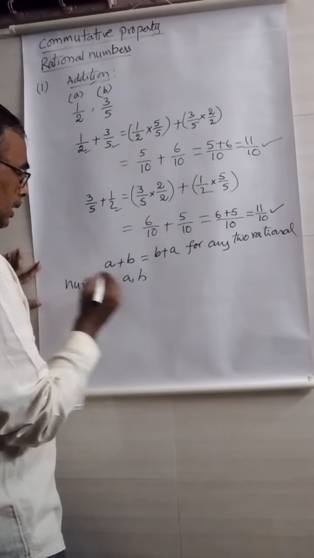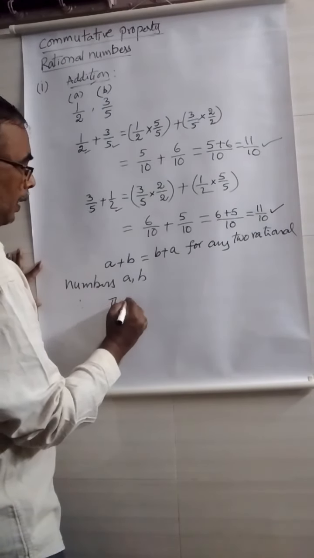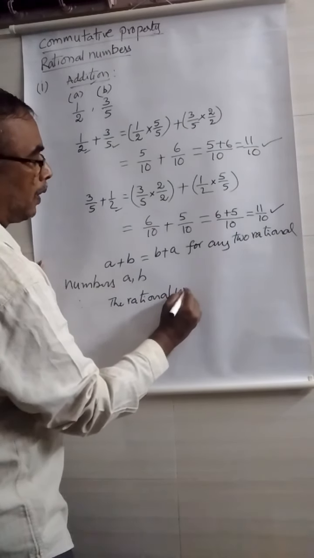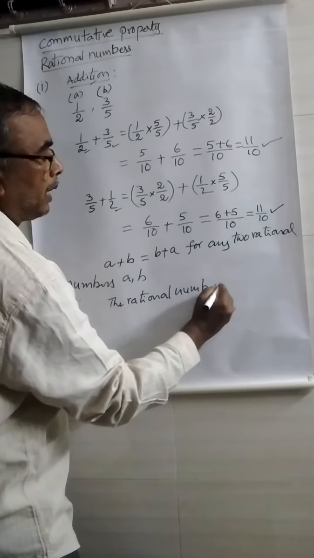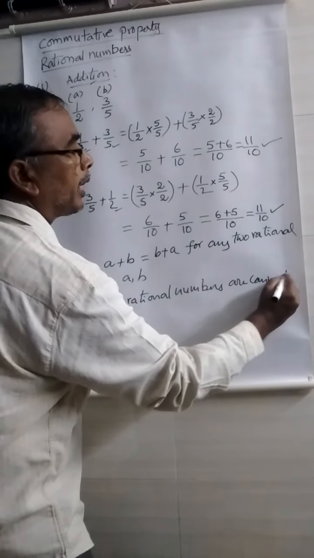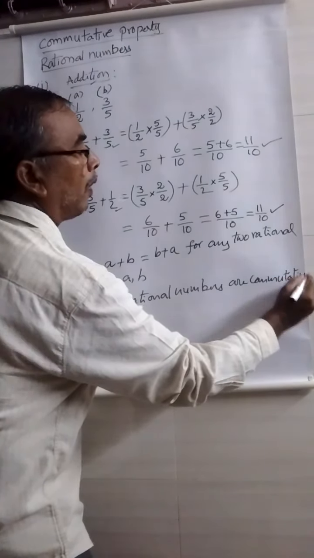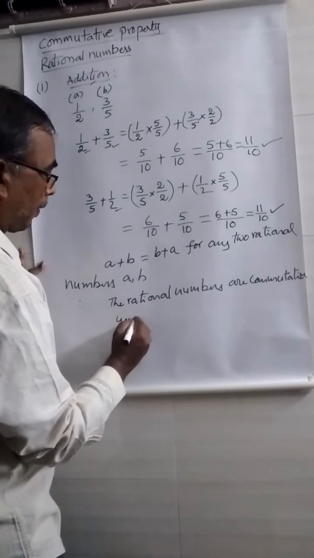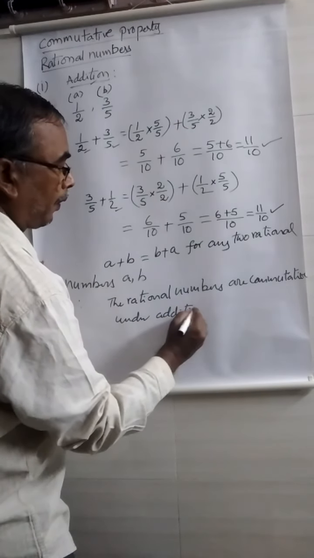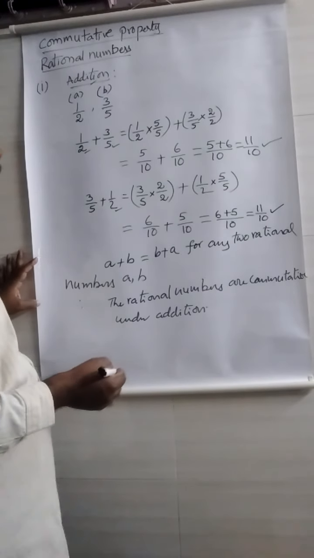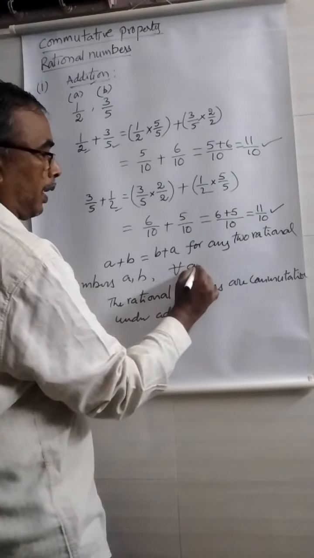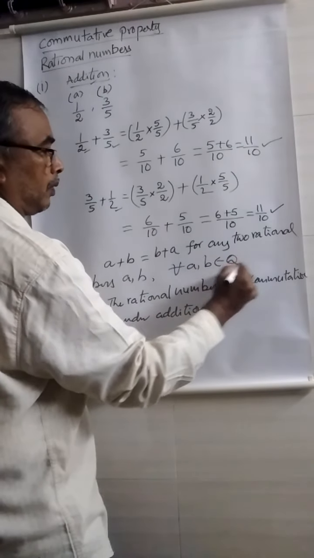We conclude that the rational numbers are commutative under addition for all A, B belongs to Q.